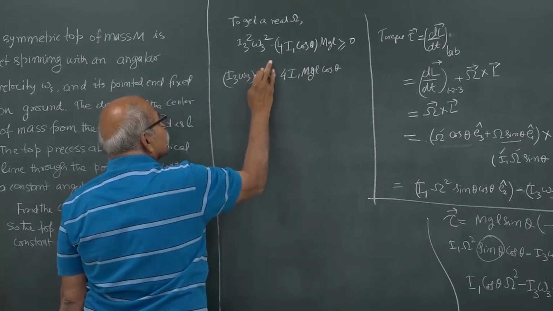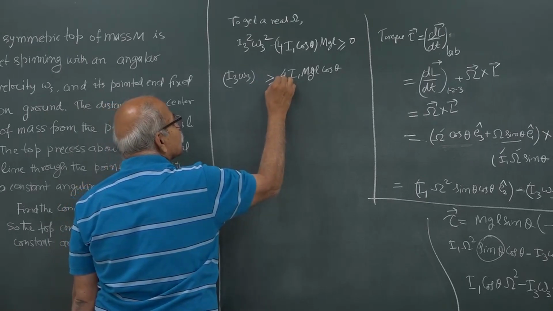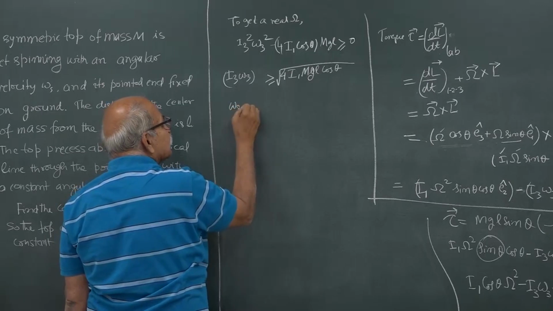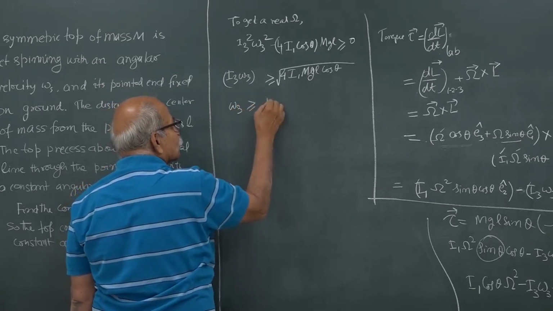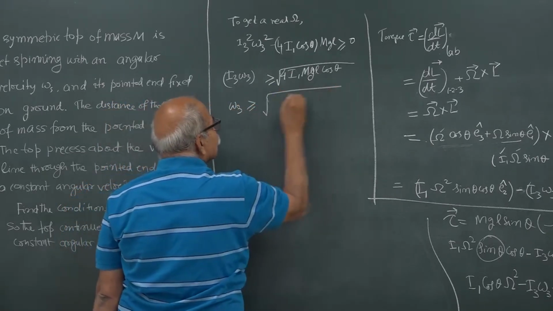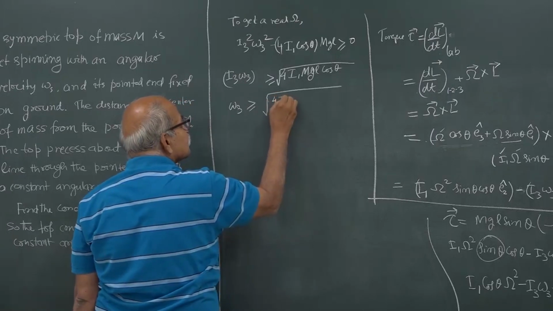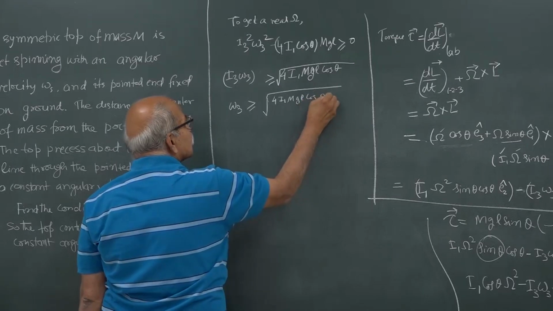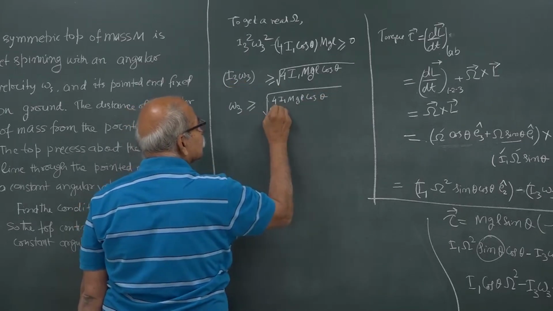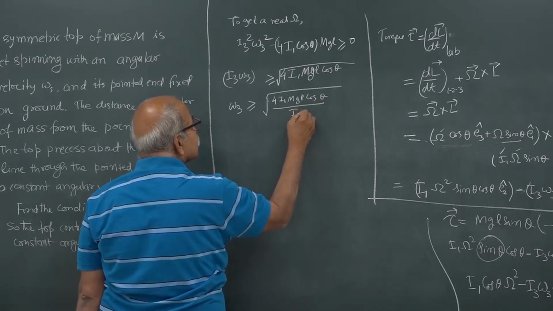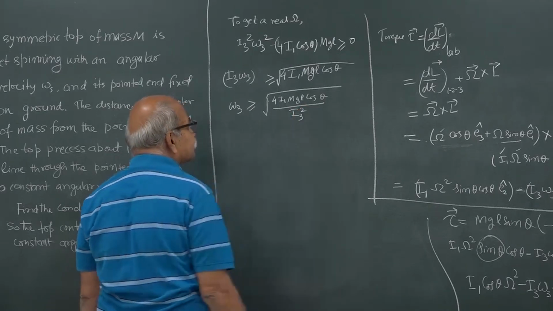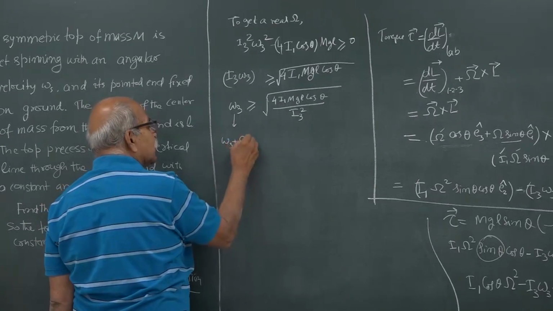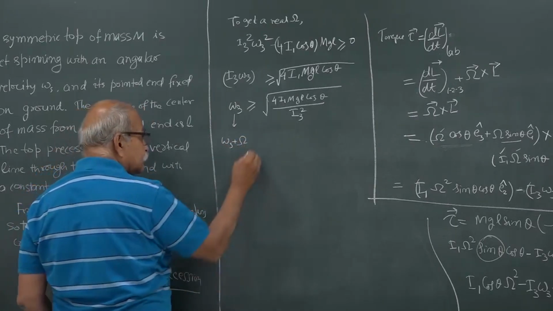So, I3 omega 3 should be greater than square root of this, and therefore, omega 3 should be greater than or equal to square root of 4 I1 mgL cos theta divided by I3 square. And remember, this omega 3 is omega s plus Omega cos theta, right.